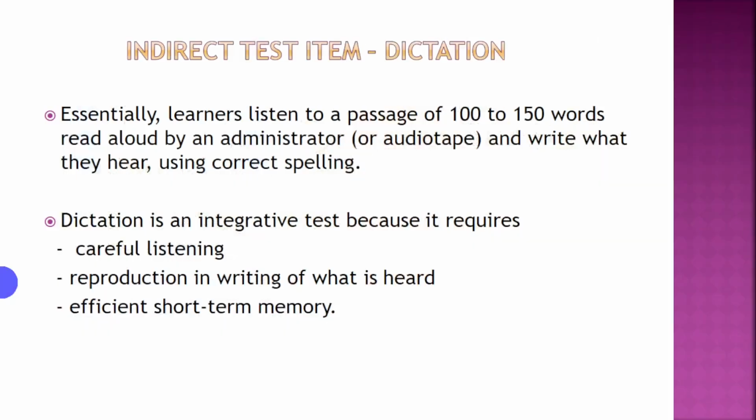These tests are very popular in the TOEFL and GRE for assessing the language skill of students. Dictation is an integrated test because it requires careful listening. Mostly the students listen carefully, reproduce what they have heard, and give efficient short responses.